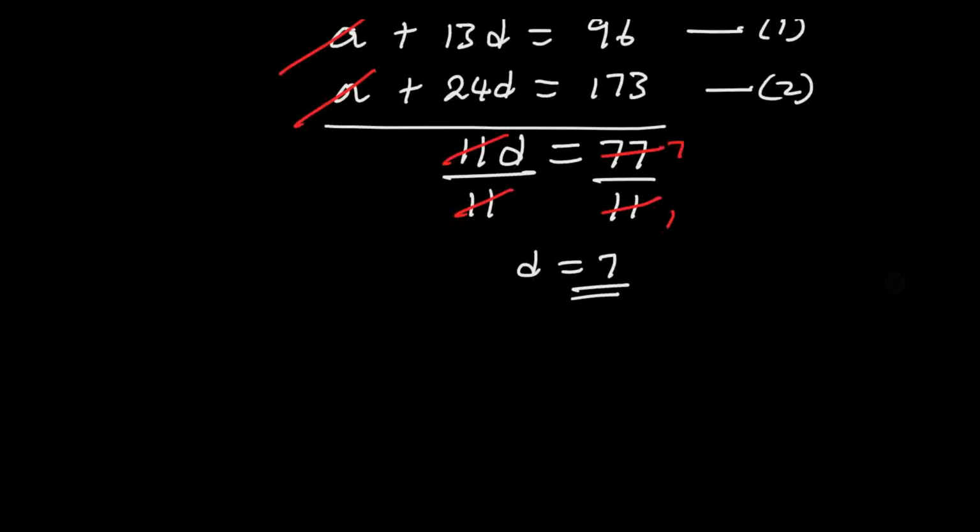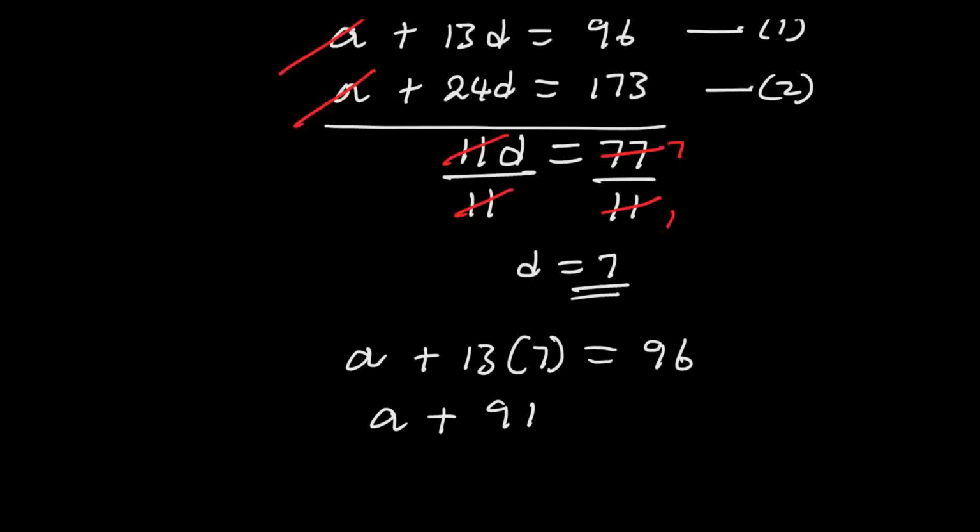So this would be a plus 13 times 7 is equal to 96. 13 times 7 is 91. So a plus 91 is equal to 96.